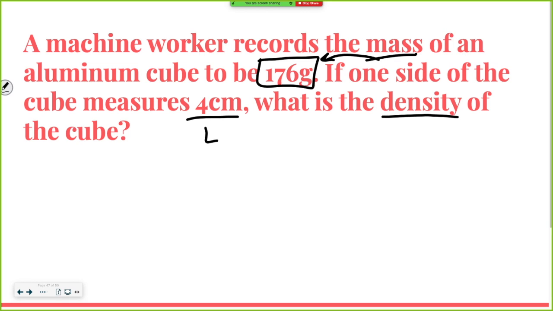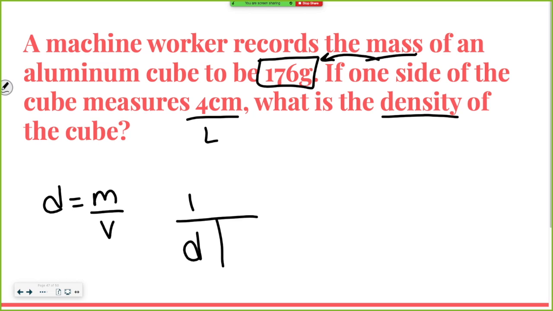So I'm looking for density. I know that D equals M over V. Let's plug in what I have. Density, and then I have a mass, 176 grams. But do I have a volume? Not yet. Since it's a cube and I know one side of it, how could I find it?